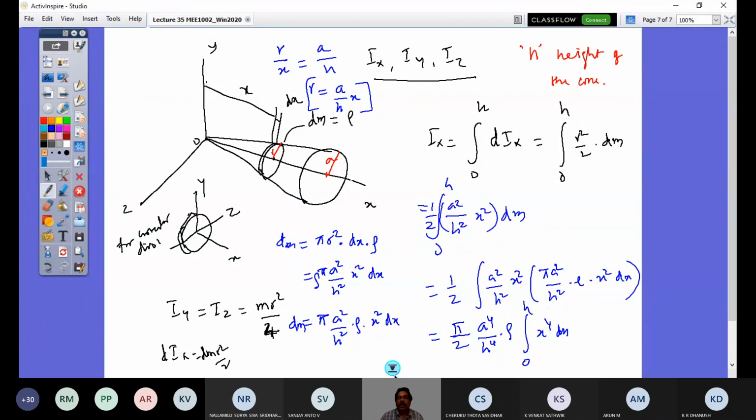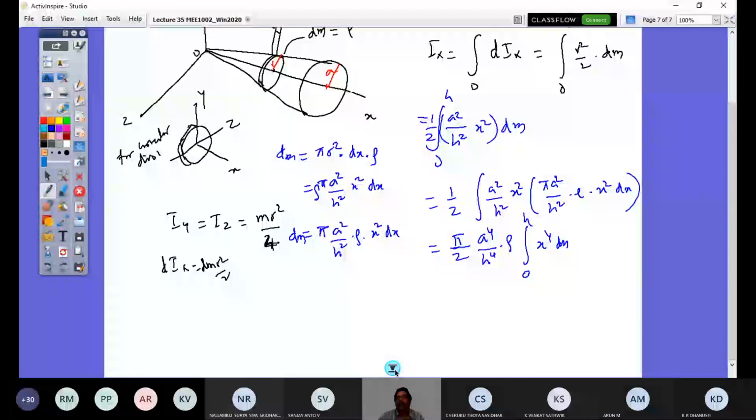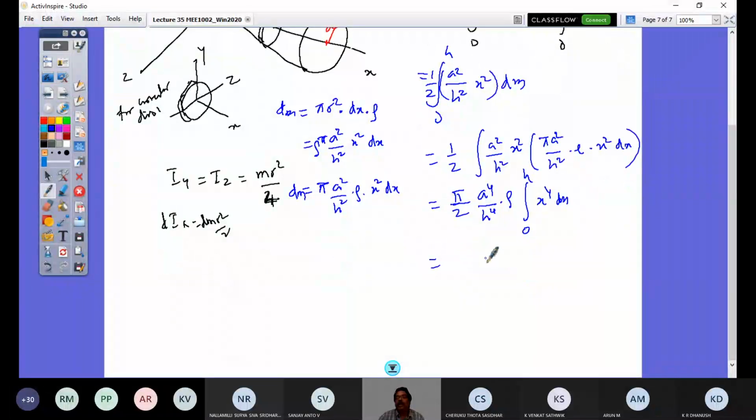Right. So now continuing with this integration, I would get rho into pi a power 4 by 2h power 4 into this is going to be x power 5 by 5, 0 to h.